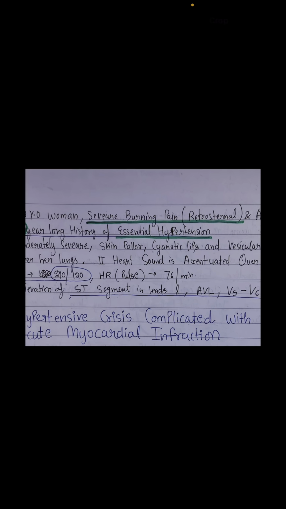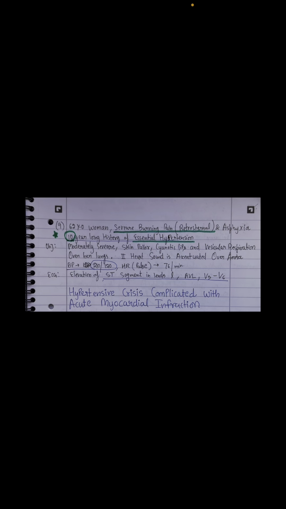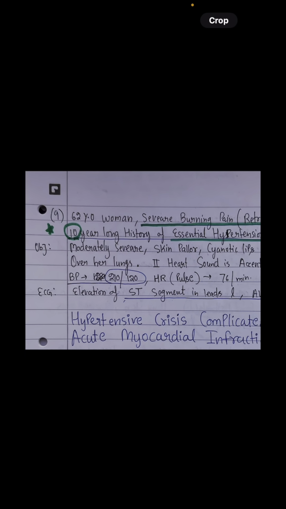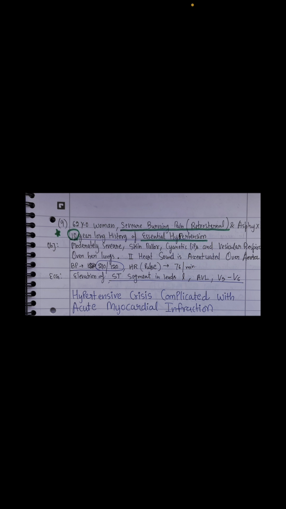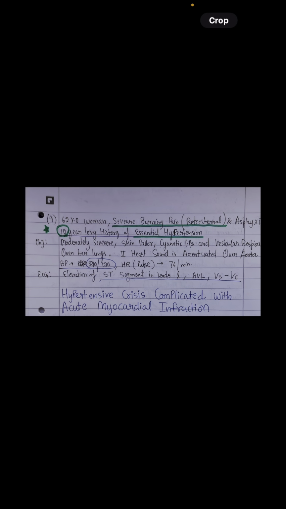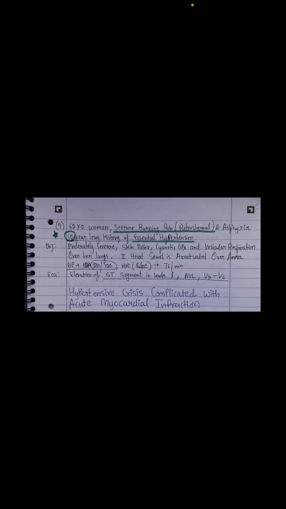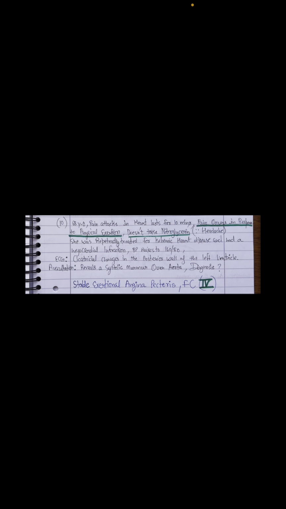This was a case of essential hypertension that has now become complicated with MI. So the closest best option to mark in the question is hypertensive crisis, which the patient already had, complicated with acute MI. So you can read the question again. However, let's move to the next question.